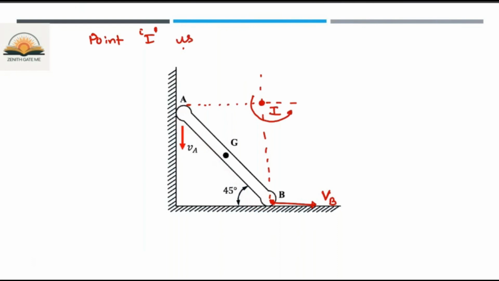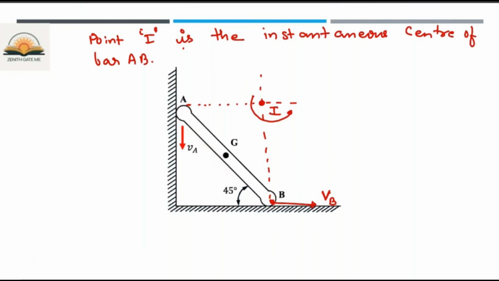So point I is the instantaneous center of bar AB.